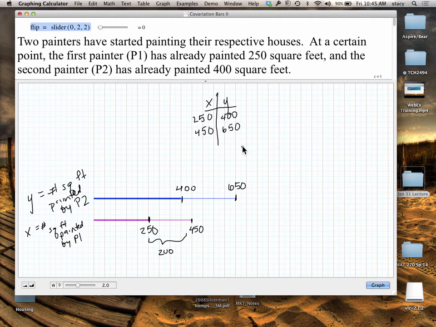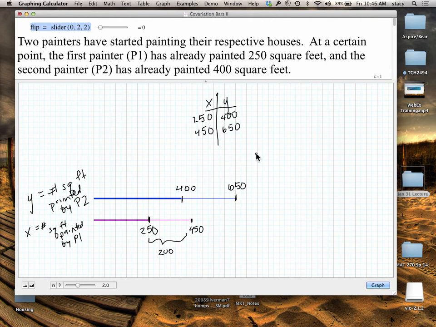right? What would the mathematical sentence be to say that x and y are in a proportional relationship? What does that mean? So I'm talking about the actual amount of square feet painted right now. Mm-hmm.